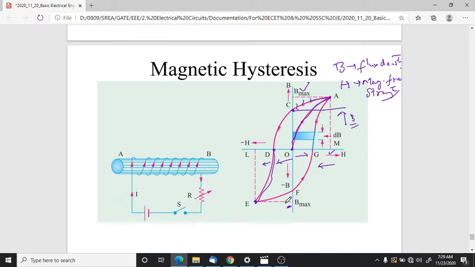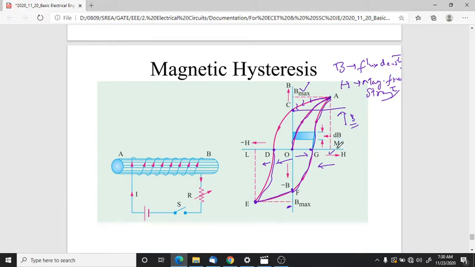Now again the same function: if you start decreasing the magnetic field force, the flux density slowly decreases and reaches one point, not 0. If the field force is then increased in the positive direction, it slowly decreases to 0, and if you increase further, it slowly increases to the peak point A.